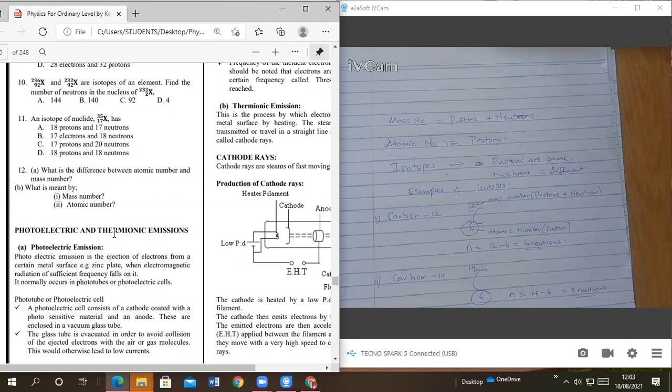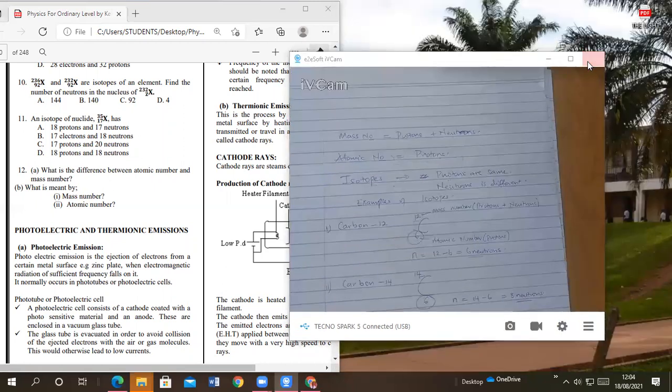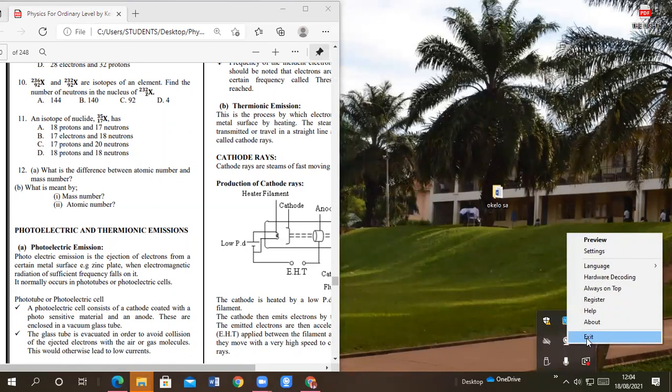And then thermionic emission, electrons are emitted when a metal is heated.